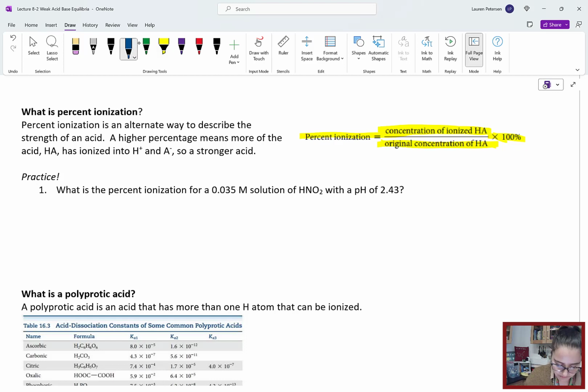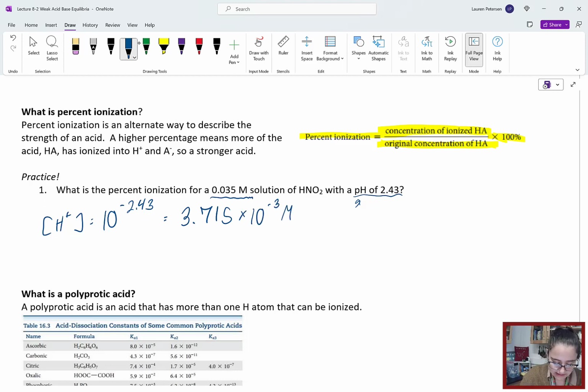So if we want to know the percent ionization for a 0.035 molar solution with a pH of 2.43, well, we can use the pH to tell us our concentration of H plus. It will be 10 to the negative 2.43. So 10 to the negative 2.43 gives us an H plus concentration of 3.715, carrying a couple extra sig figs here until we get to the end, times 10 to the negative 3 molar.